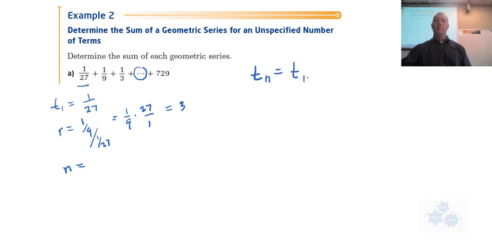T of 1 times r to the n minus 1, is that right? Okay, that's the nth term formula. So I know T of n, 729. I know T of 1, it's given, 1/27. I know r is 3. And then I have n minus 1. Okay?